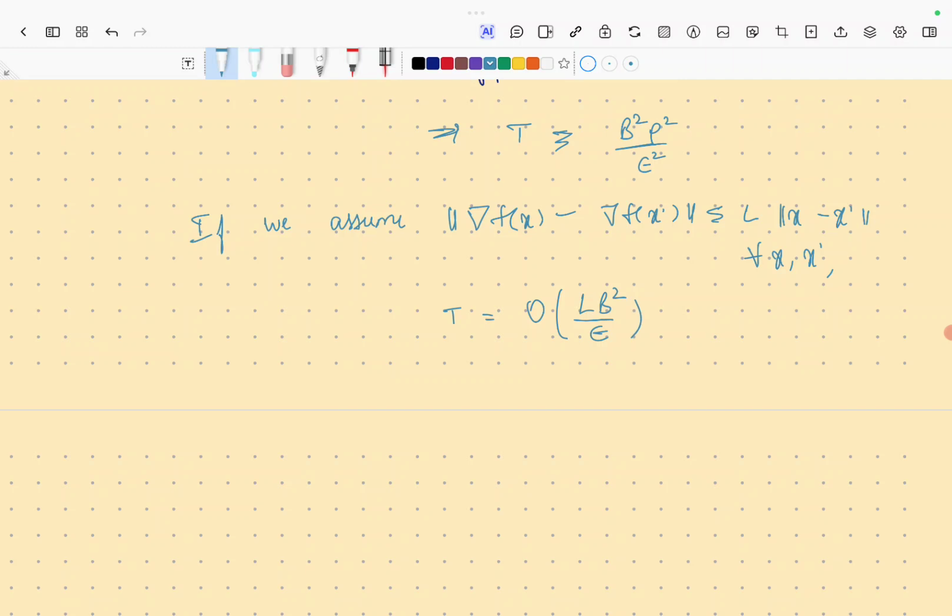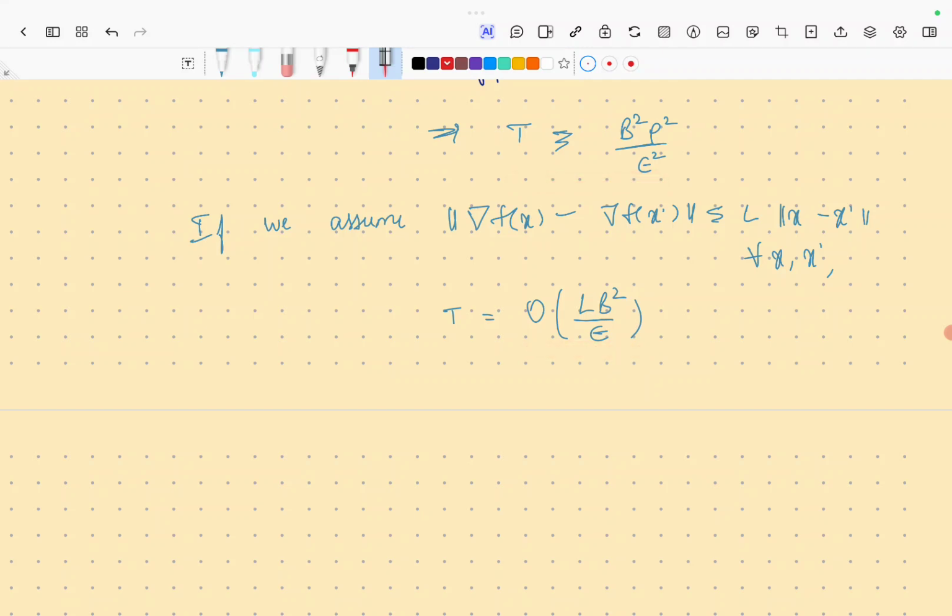The crucial point here is the dependence on epsilon. Here I have an epsilon square, here I have an epsilon. And that can sometimes make a very big difference, because here there's a huge blow up in epsilon. But essentially both these correspond to the same algorithm.